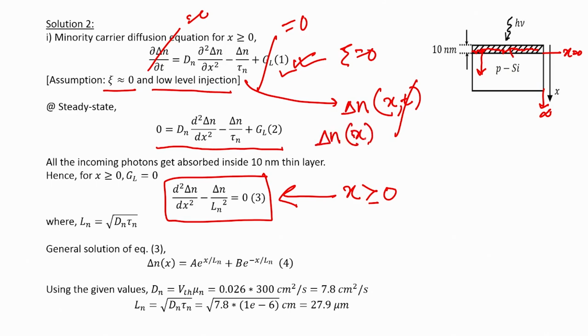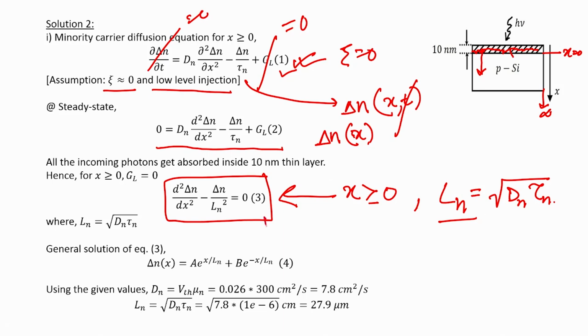So, there is only a single independent variable, and hence we can convert that partial derivative to the direct derivative d2 by dx square. Another thing we have just noticed, this Ln, this is the diffusion length, that is equal to root over Dn tau n. This is the diffusion length of the minority carrier, that is the electron here.